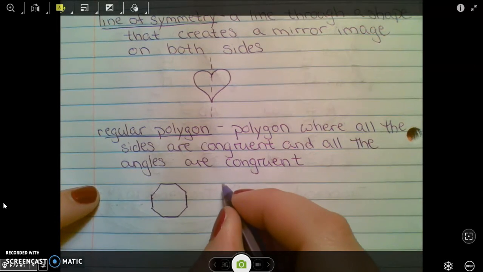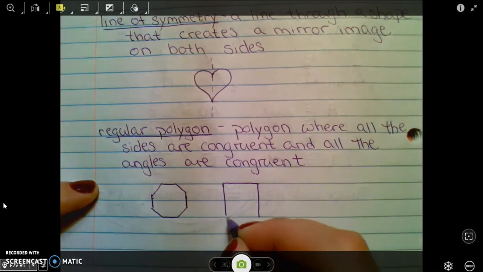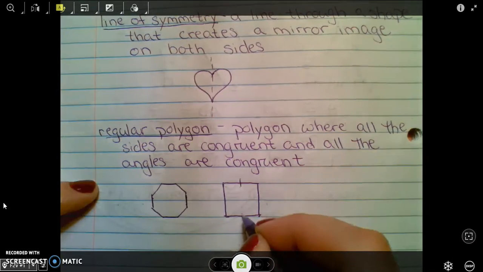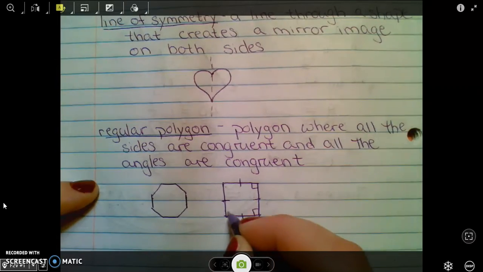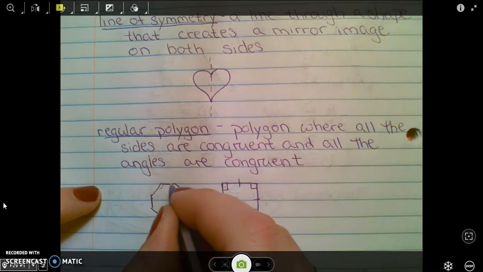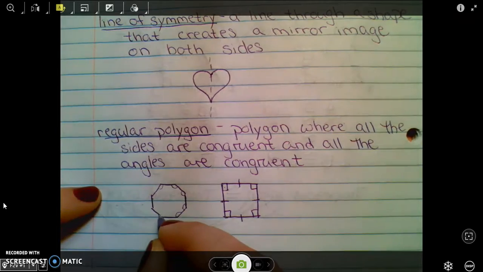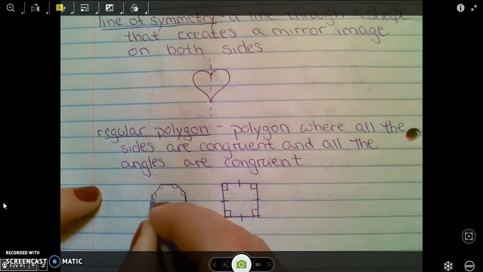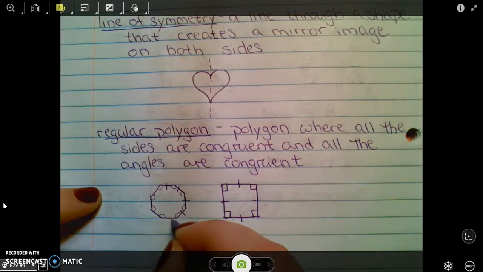Also, a square would be a regular polygon because all my sides are the same and all my angles are the same because all my angles are 90 degrees. And I could show that my angles are all the same within my octagon, and I could show that my sides are all the same as well.